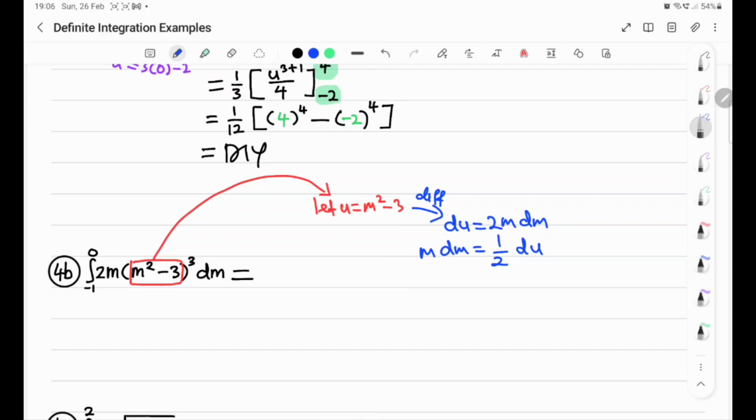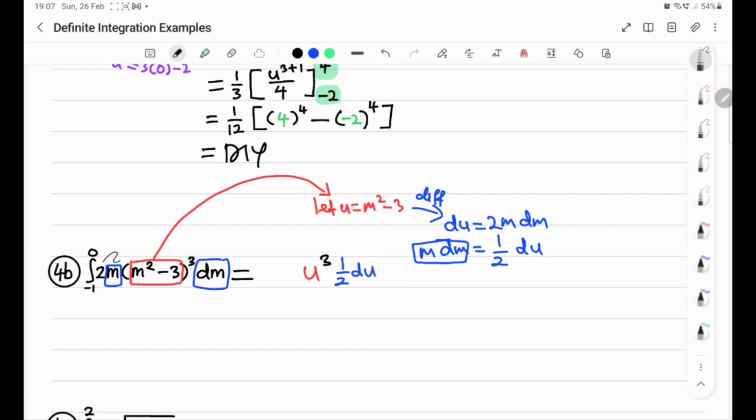Now we have replaced the u, so the u is put here with power 3. What else can we substitute? You can see here we have m dm over here, which equals half du. So 1 over 2 du at the back.